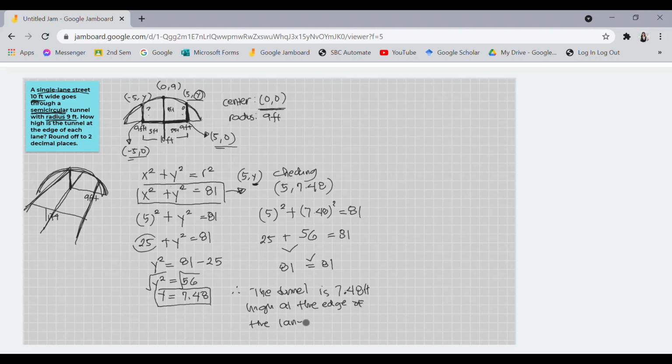Okay? Sorry, may typo tayo sa problem. At the edge of the lane. So again, you are given a single lane street that passes through a semicircular tunnel. Okay? And then, yung radius natin dun sa semicircle is 9 feet. We assume that the center is at 0, 0.